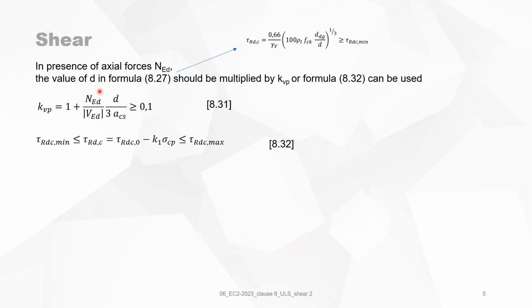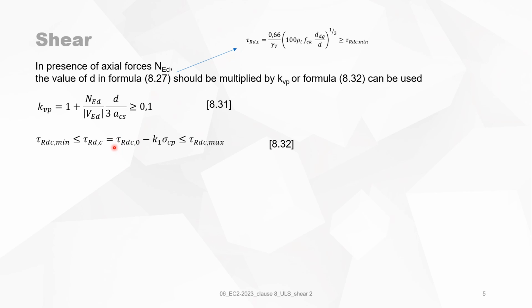Or if you don't multiply d with this coefficient to take into account axial forces, you can also work around it by formula 8.32, which is a little bit similar to the one of the present Eurocode. You add or you subtract, depending on the sign of sigma_cp, a portion of the axial stress.